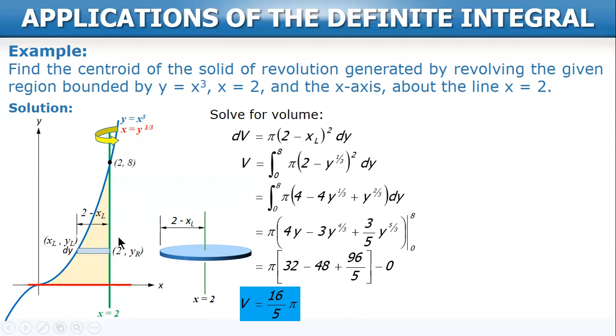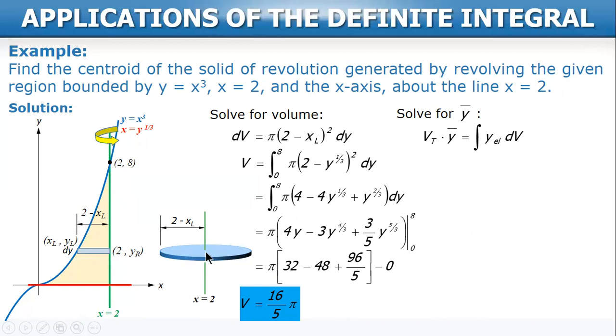So again, we only solve for y bar kay vertical axis man. Our x bar is 2, z bar equal to 0. So we solve for y bar and this is the formula. Our V total is this 16 over 5 pi. Our y sub EL, okay, is equal to y lang. Considering this strip, this disk, ang centroid niya is dali, no?